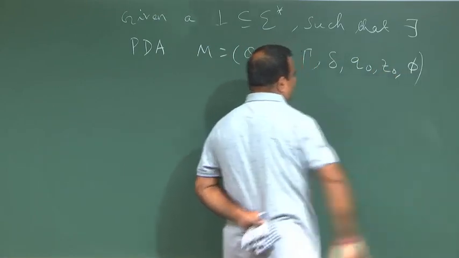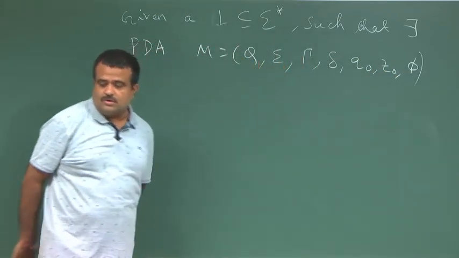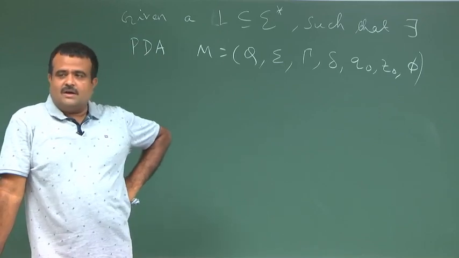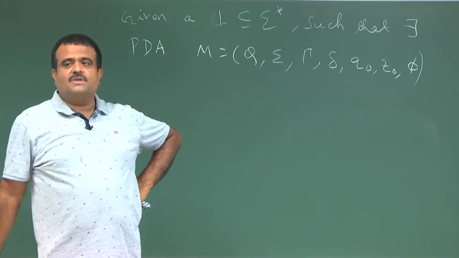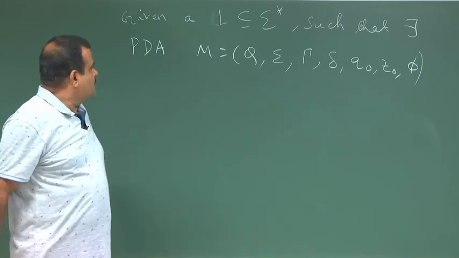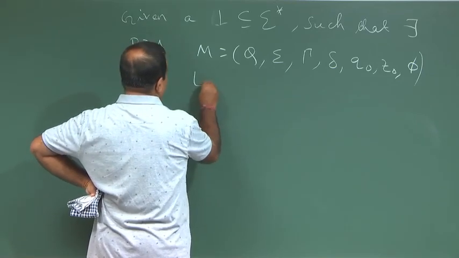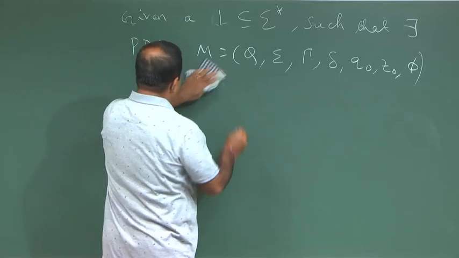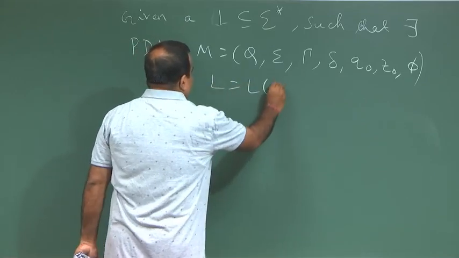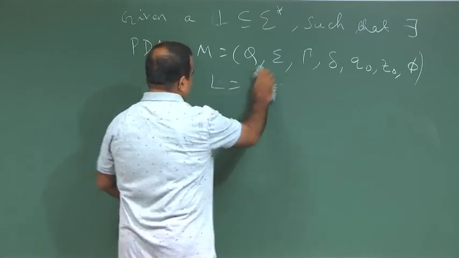We take the set of final states as phi, because we are accepting by means of the empty stack. Then L is equal to N of M.